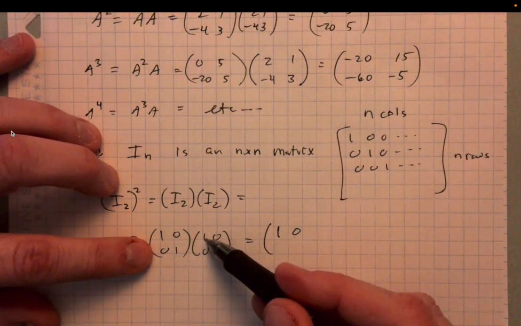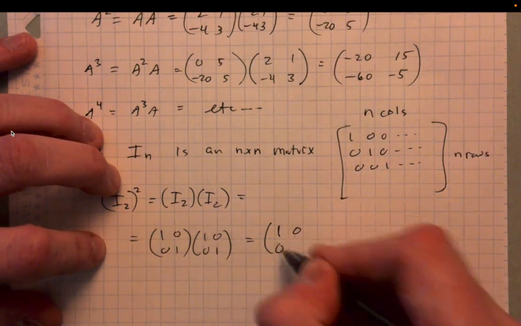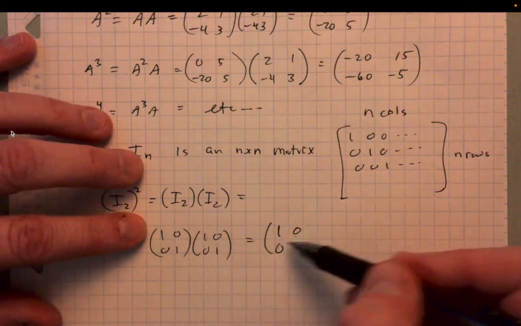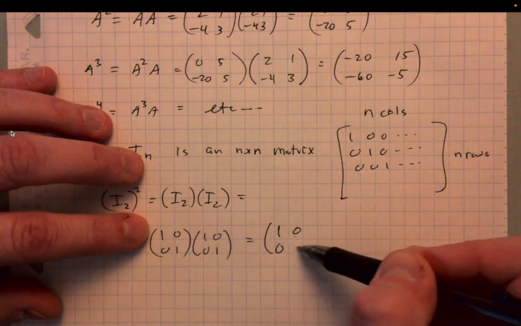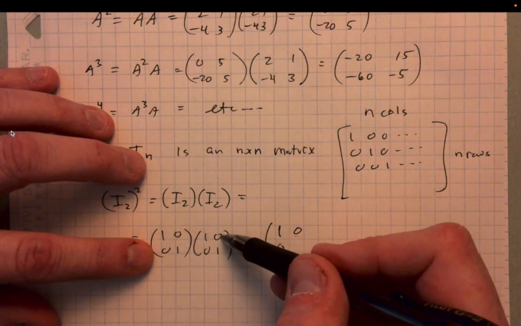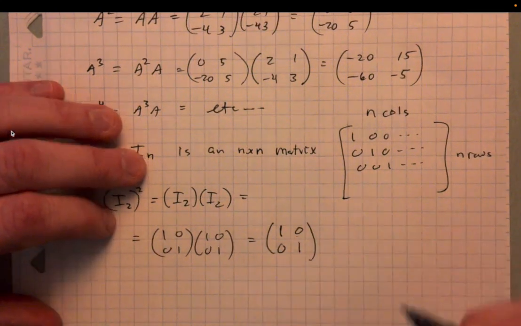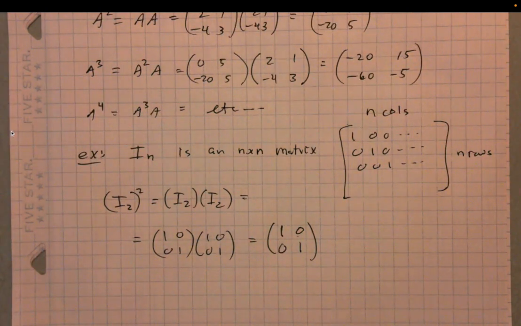Well, 1 times 0 is 0 plus 0 times 1 is 0. And then for the 2,2 entry, 0 times 0 is 0, and 1 times 1 is 1. So I2 squared is the same as I2.